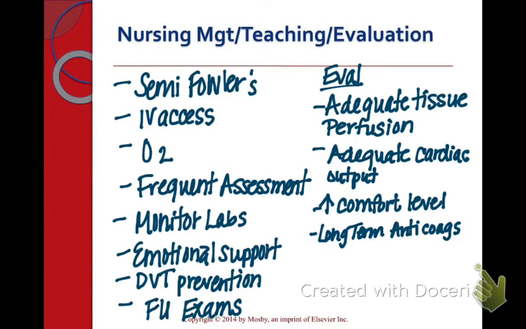Another way is if they have increased comfort level. How is the patient feeling? That's always a good evaluation. And then long-term anticoagulants: their thoughts about them, their beliefs, their willingness to be compliant. A lot of teaching with all that, so just keep that in mind. And we don't want recurrence, even though it is highly likely. The goal is no recurrence of PE.